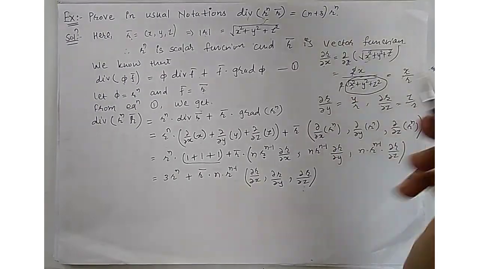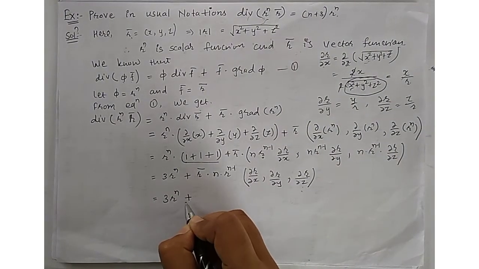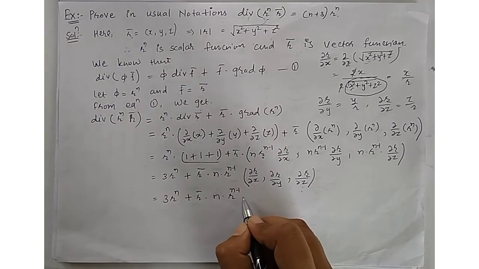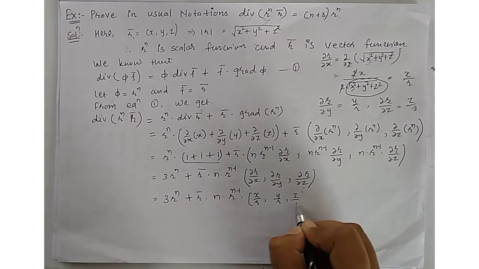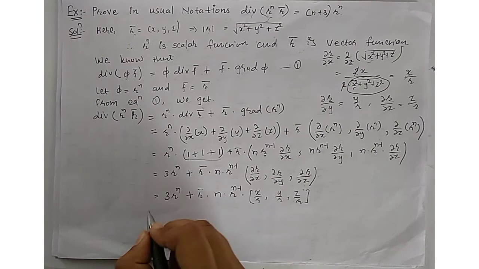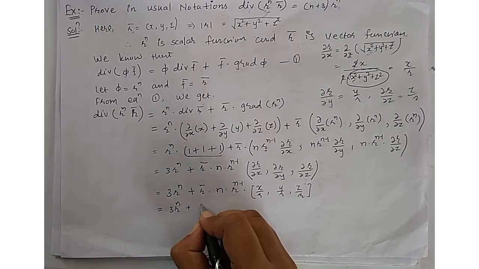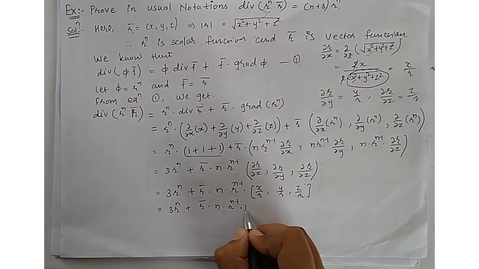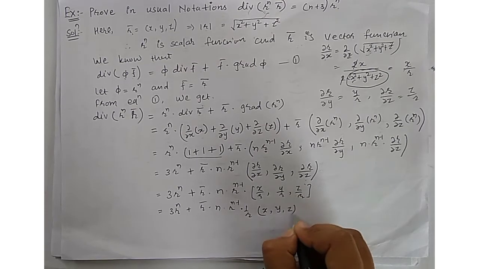So put all these three values in this bracket, we get 3 into r to the power n plus vector r bar into n into r to the power n minus 1 into x by r, y by r, and z by r. So next is equal to 3 r to the power n plus r bar into n into r to the power n minus 1, and take common 1 upon r, left with x, y, z.